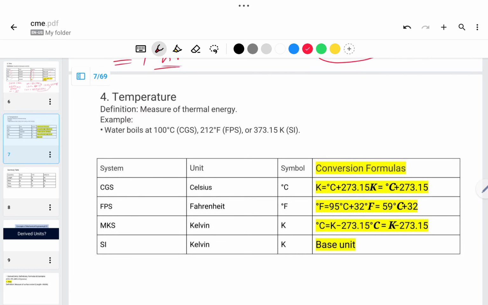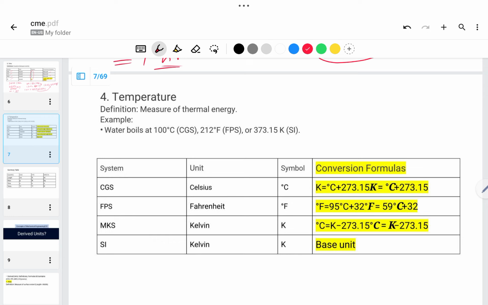Then temperature in different systems is important, because whenever you are measuring temperature, you have to remember the boiling point and the melting point, the temperature at which a metal is going to start to melt and at which it is going to start to boil.